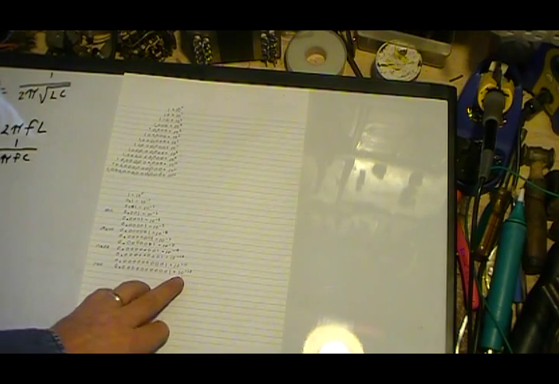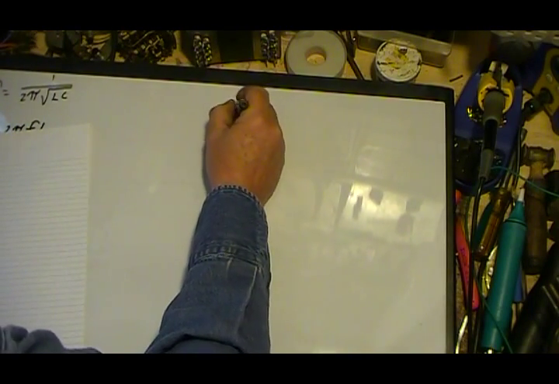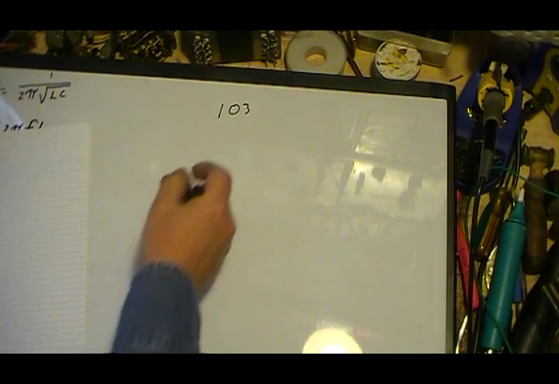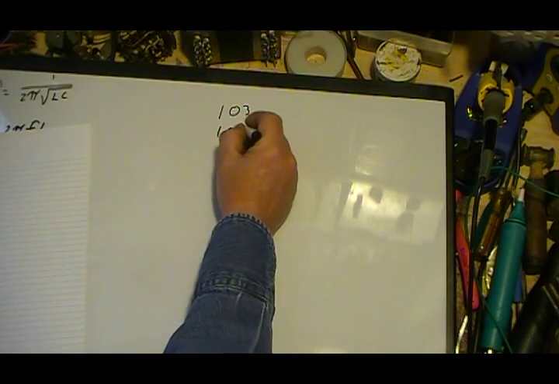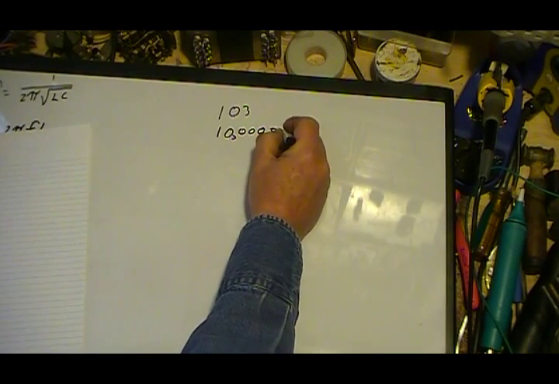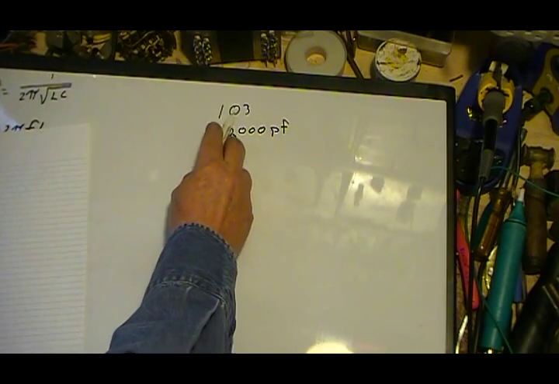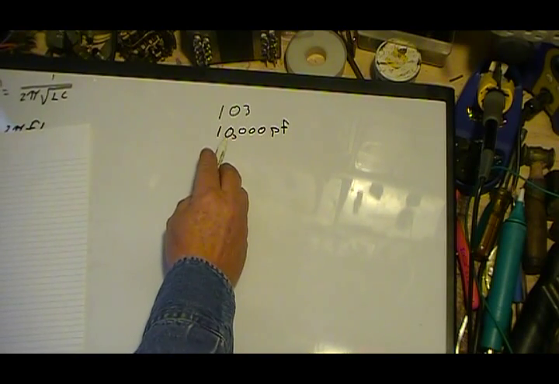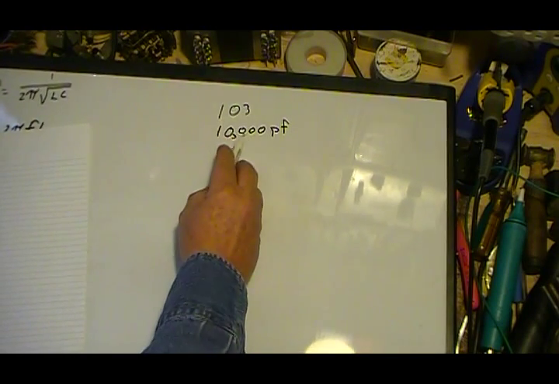All capacitors, when they've just got a number like that, are based from picofarads. So we're down in here, the 10 to the minus 12 range. Now we'll take 103 just as an example, but you can use any number. If you see a 103 on a capacitor, that's the same thing as 10,000 picofarads. 1 and 0 are your numbers, and then 3 for 3 zeros.